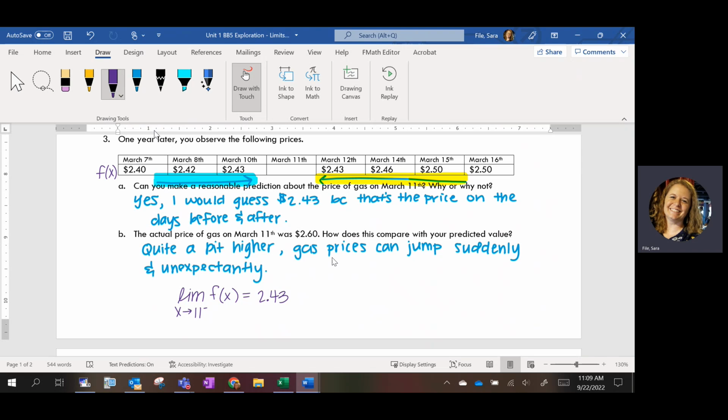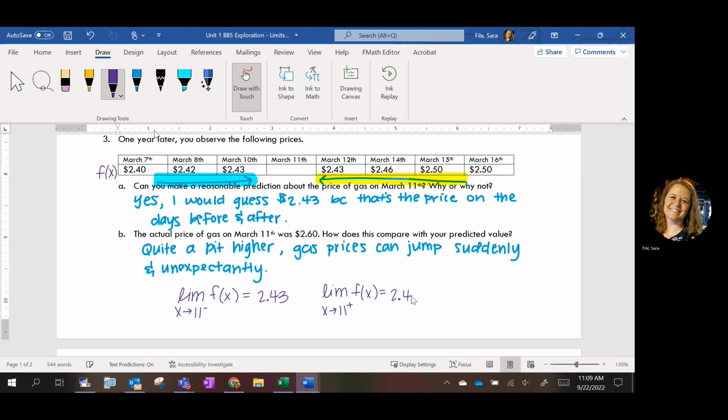Then when we did that from the right, that would be the limit as x approaches 11 from the right of f of x. What did we say those prices were approaching? Also 243, right?